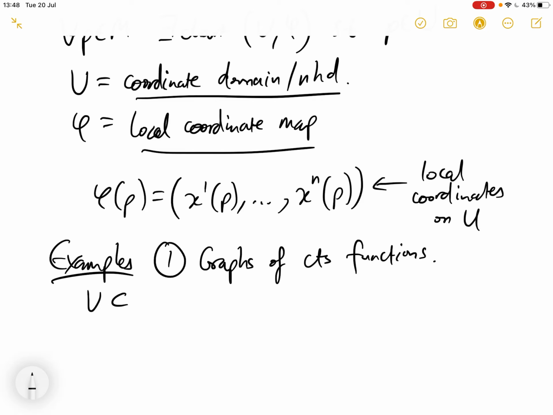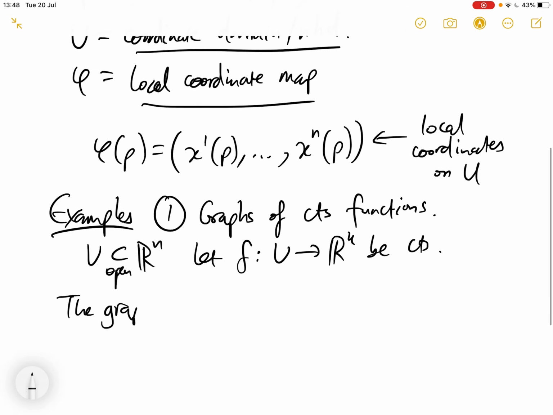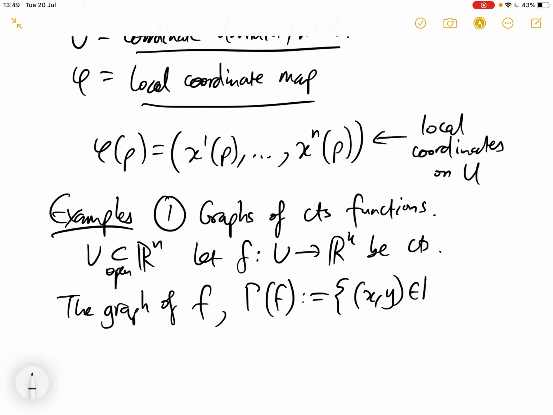So if we let U be open in Rⁿ, and if we let F from U to Rᵏ be continuous, then the graph of F, which we denote by Γ(F), is defined to be the set of pairs (x, y) in Rⁿ × Rᵏ, where x is in U and y is equal to F(x).